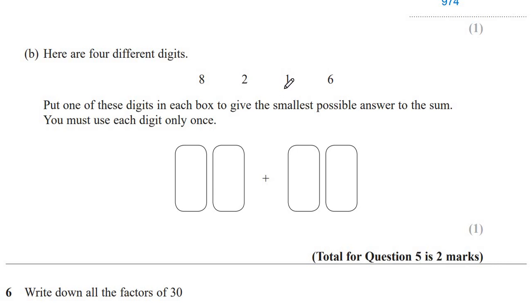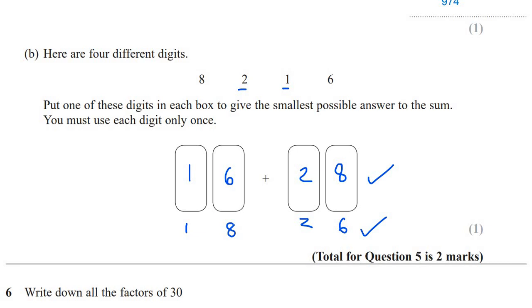The smallest digits are 1 and 2. So you could put 1 here and 2 here, and then you could put 6 here maybe, and 8 here. That would give you the smallest possible sum. Or you could also have done 18 plus 26. All right, either this or that.